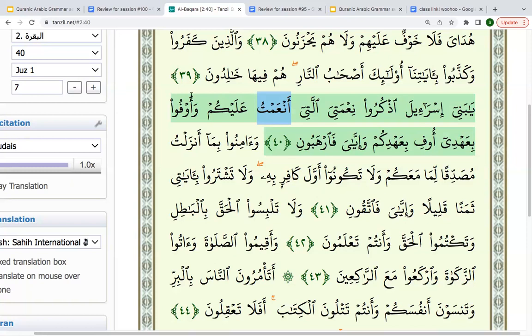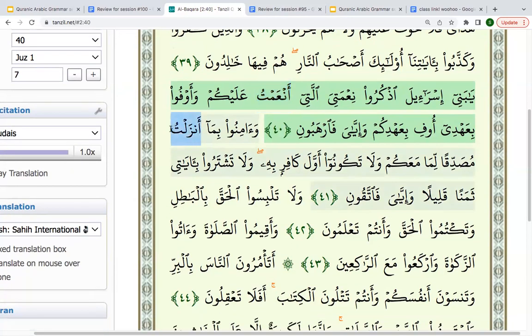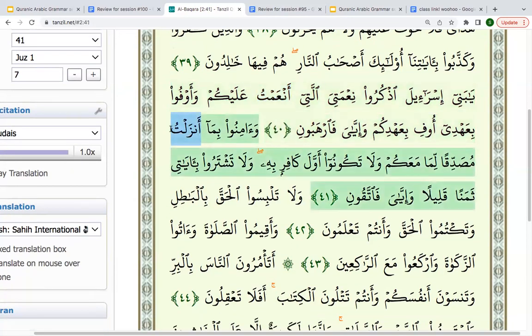Very well done. If I asked you to take a guess on this one, no, this is going to be maybe too hard. Let's just do this one. Anzaltu. Ana anzaltu, family 4, and this is Mazid Fihi because of Hamza.